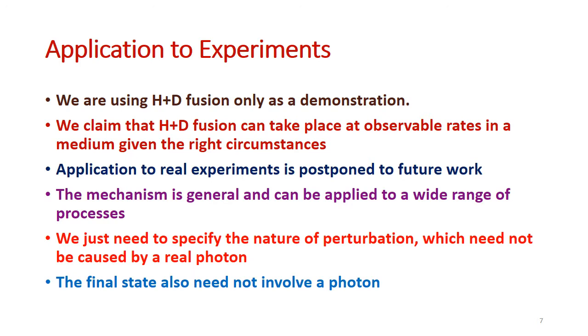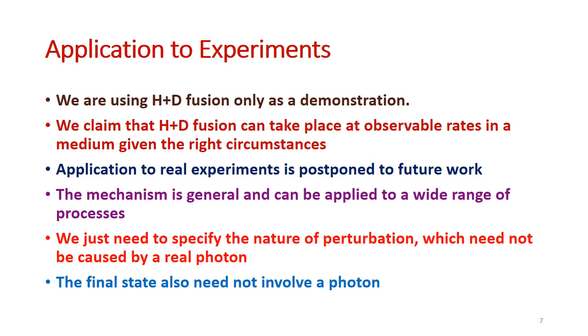It was necessary for us to do the simple calculation first in order to understand the issues that are involved. Only then can we understand how to solve them. So we are using this fusion only as a demonstration. And we now claim that hydrogen and deuteron fusion can take place at observable rates in a medium given the right circumstances.